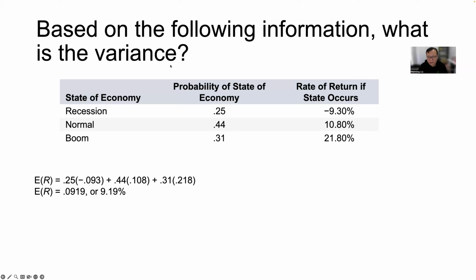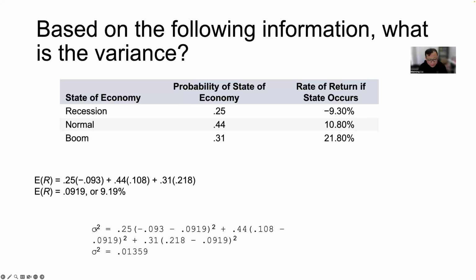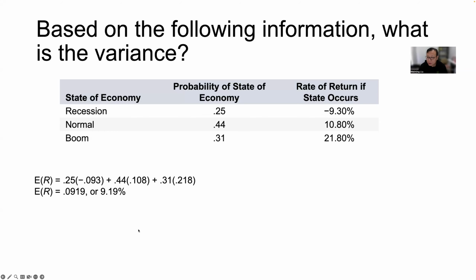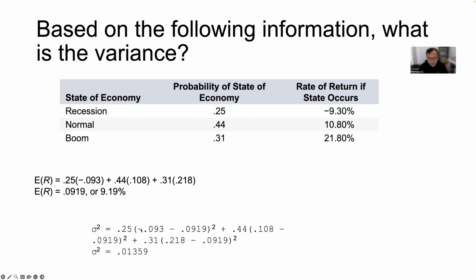When you calculate the variance, there are three possible outcomes, so it is the sum of three terms. For each term, that is the return for that scenario. The first term is about the recession, which is a loss, so it's negative 0.093, minus the expected return we just calculated, 0.0919.